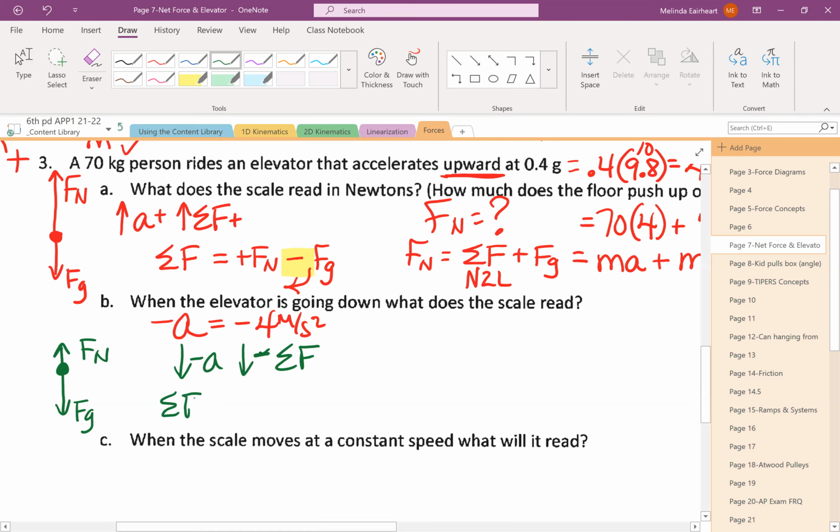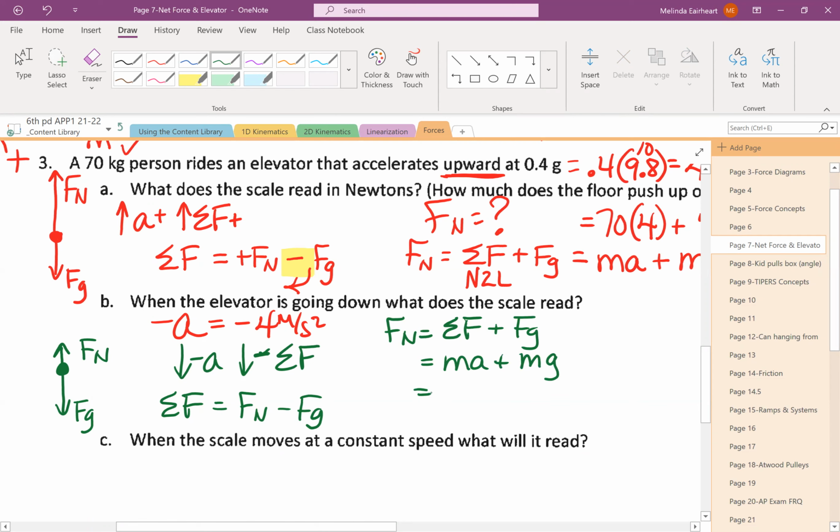Same Fnet statement. Again, up is still our positive direction. So I'm going to go Fn minus Fg. We still got to add the Fg to the other side. And so Fnet plus Fg is still Ma plus Mg.